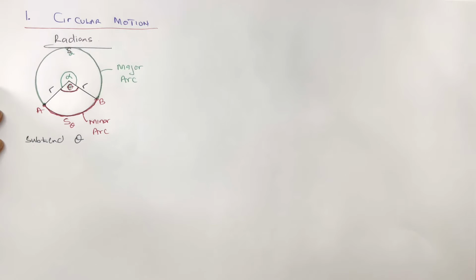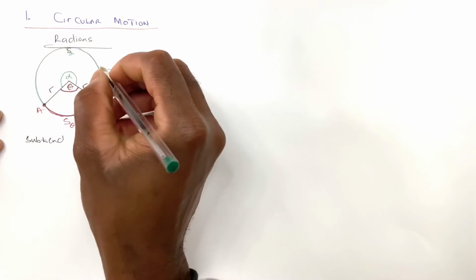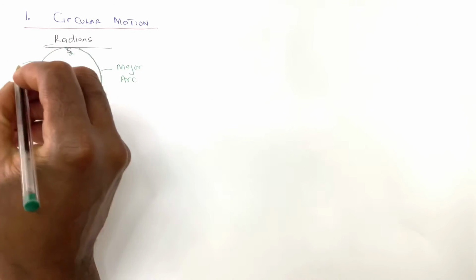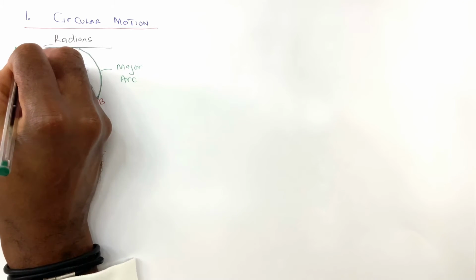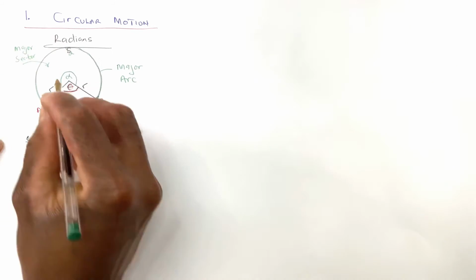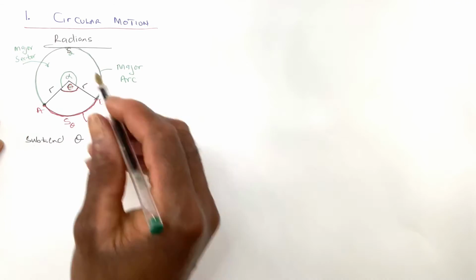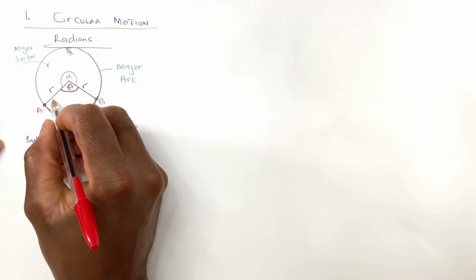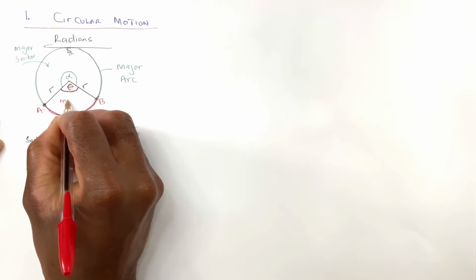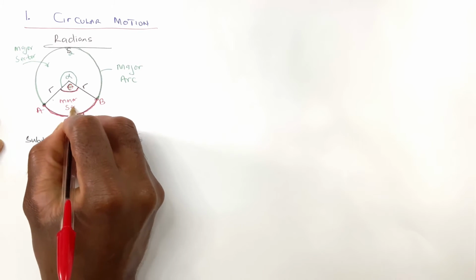But also the green part here, the area there, we call that the major sector. So that's a larger part here, that's a major sector. And the minor sector is a smaller one here, so that will be the minor sector.